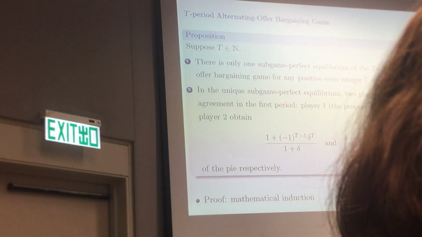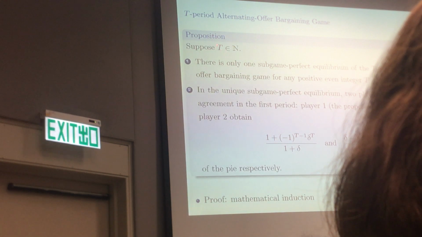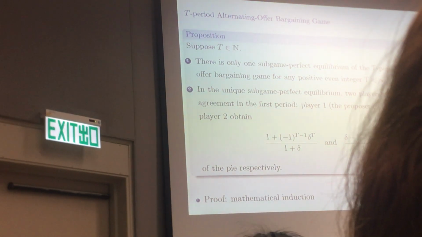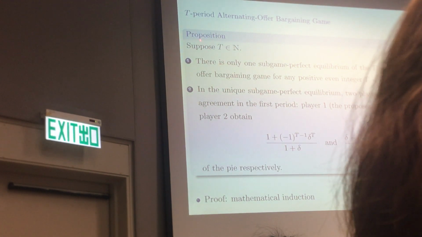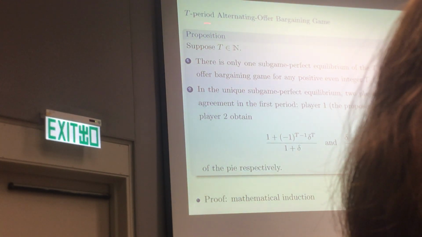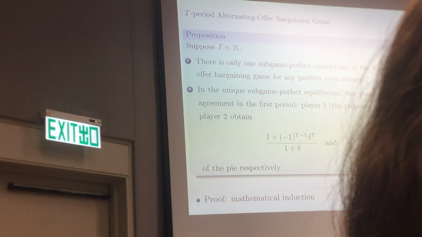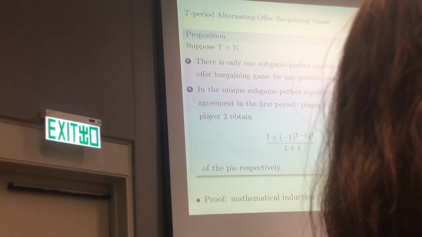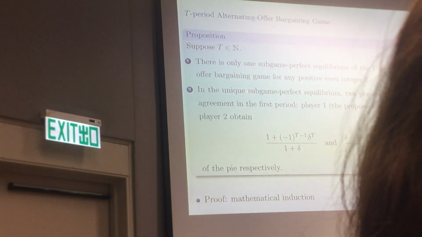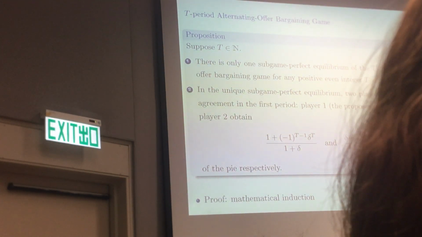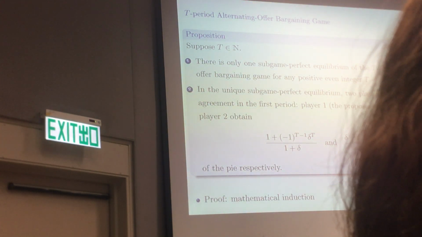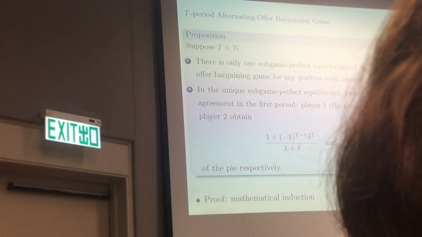This proposition says that for any T, where capital T stands for the number of periods, if you think of a T-period alternating offer bargaining game, there is only one subgame perfect equilibrium. In that unique subgame perfect equilibrium, the two players make the following agreement in the first period. These numbers can be calculated with backward induction.